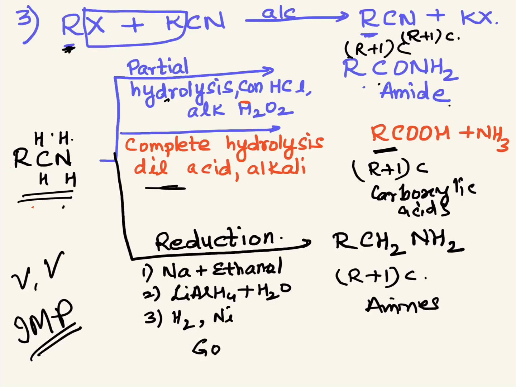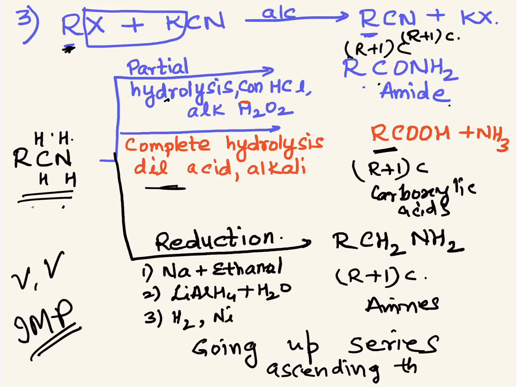So you are adding a carbon atom. This is called the going up series, what you will find in some books written as ascending the series, when you add a carbon atom to the original substrate.